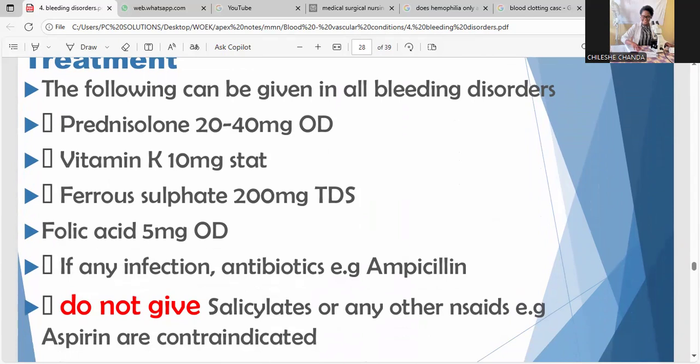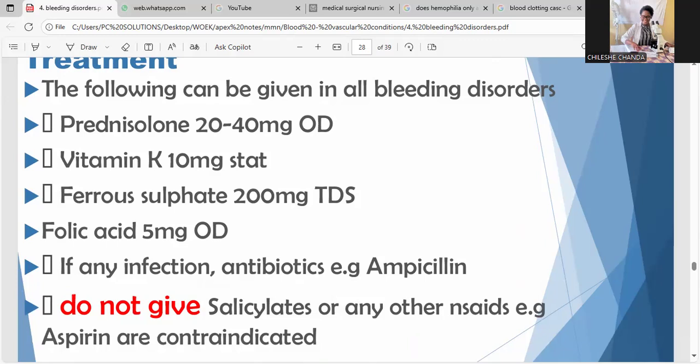This will help with the inflammation, especially in conditions that cause inflammation, like hemophilia B. You can give vitamin K 10 milligrams stat, which will help to enhance clotting, ferrous sulfate 200 milligrams TDS, folic acid 5 milligrams once a day.